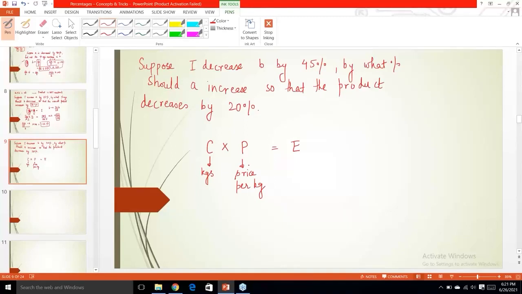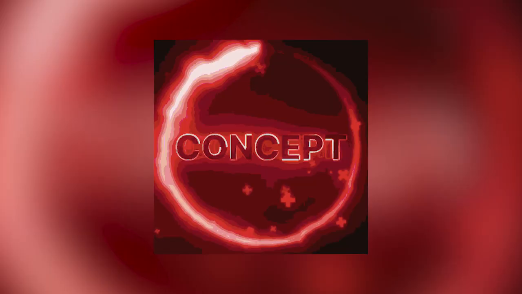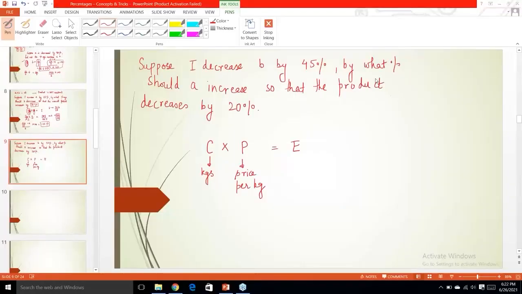Or there could be a variation, where somebody could say that the price of wheat increased by 40%. By what percent should the consumption reduce so that the expenditure increases by just 10%, right? So same concept. That's why I explained it as a concept, because it can be used at a lot of places.